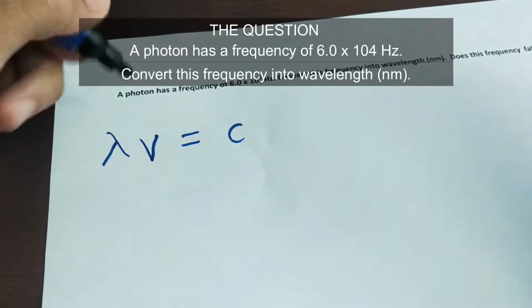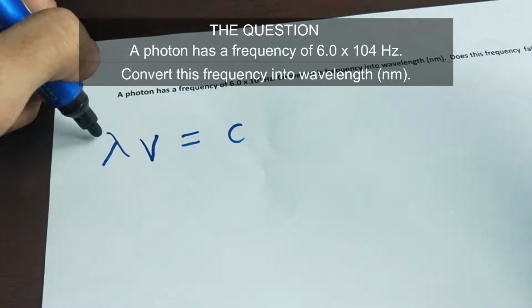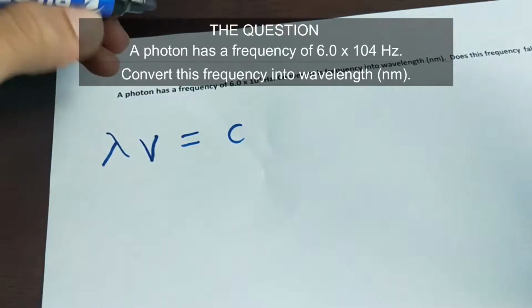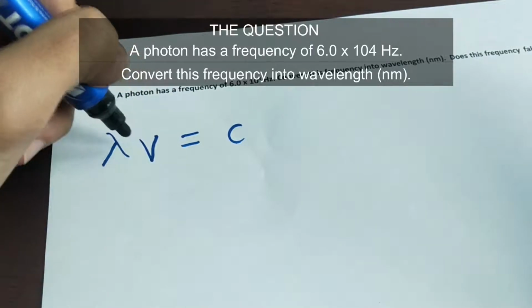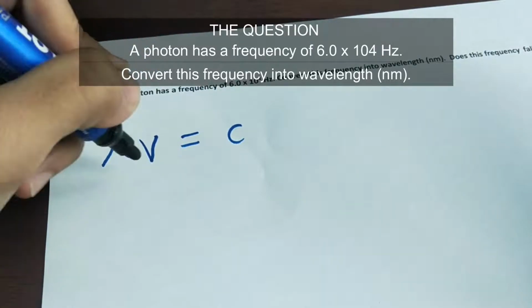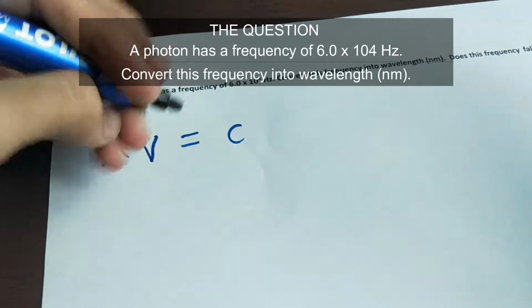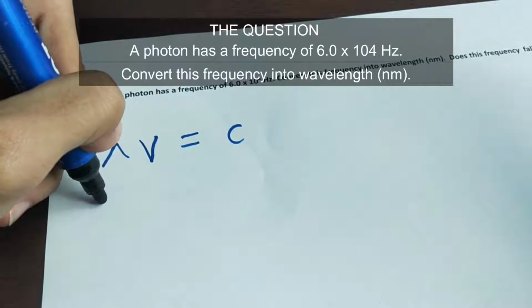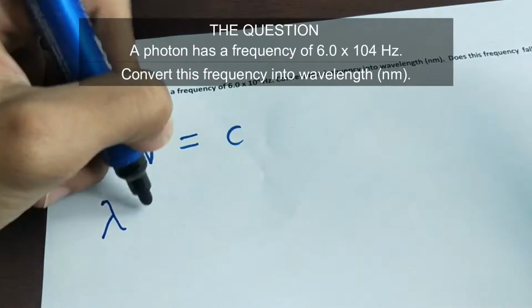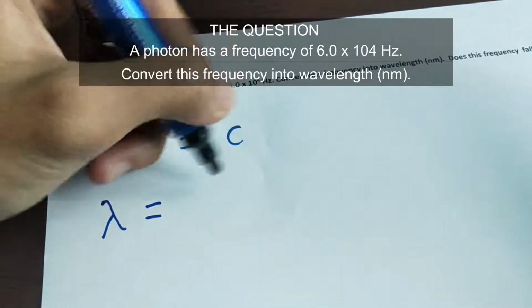Now we need to solve for lambda. So we need to move the frequency beside the speed of light, so it will be like this.